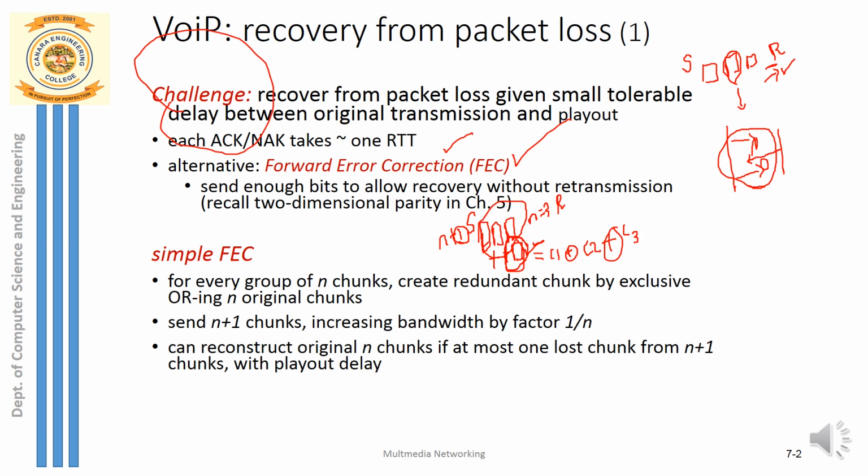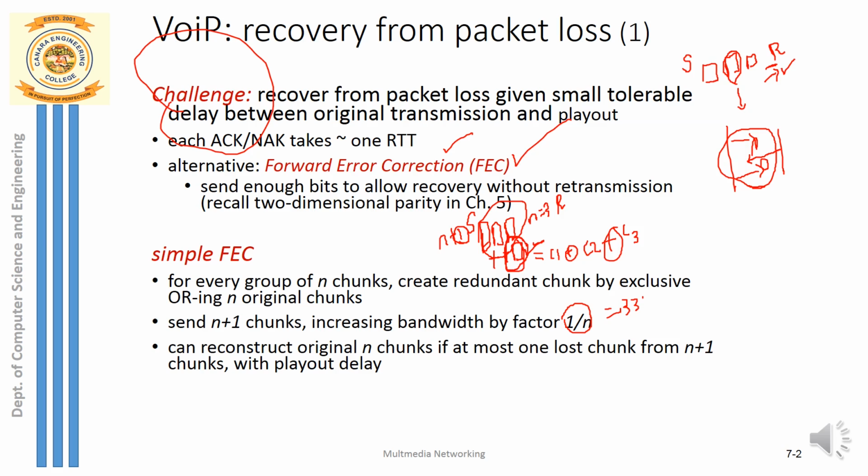By doing this, you can increase the bandwidth efficiency, that is, the link capacity you are using, by 1 by n. So almost 33%. By 33% you can increase the efficiency using this mechanism.